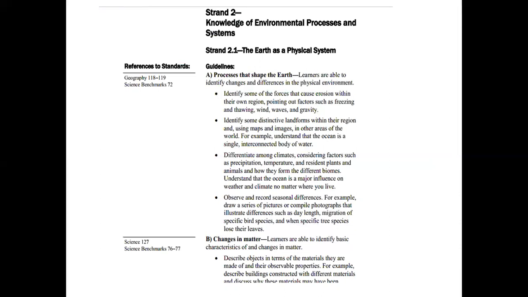Off to the left, you will see they reference other standards, national standards, and where the overlaps are. So you can see some overlaps with science and some overlaps with geography. So in the next version, those will refer back to the Next Generation Science Standards and the C3 Framework and Common Core, etc.